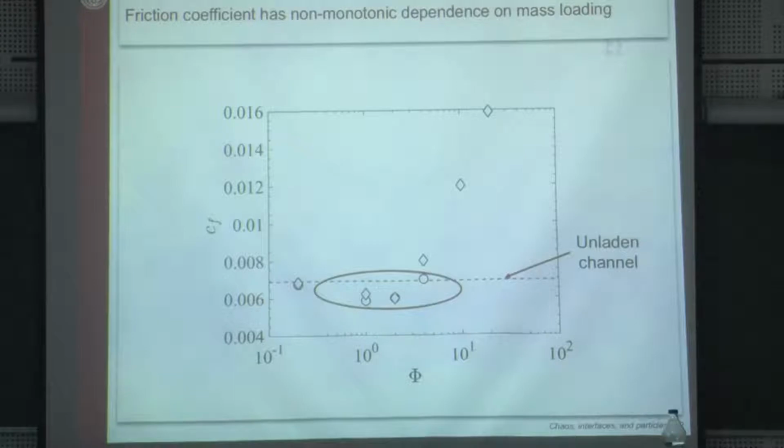We're expecting to go from a Blasius value of the friction coefficient to something that increases rapidly with mass loading. What we're seeing is we first dip before going up. So it seems that it is easier to flow a few particles than no particles at all. Okay, that's work in progress.